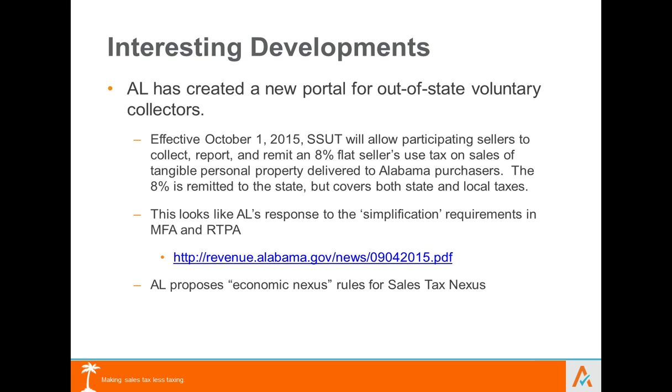Many customers, depending on the situation, the business they're in, don't want a use tax obligation of their own. They prefer their vendors to collect the sales tax on their behalf, right, on the invoices. So a lot of times this is where it comes up. Whatever context it comes up, Alabama has created this simplified sales tax filing portal.